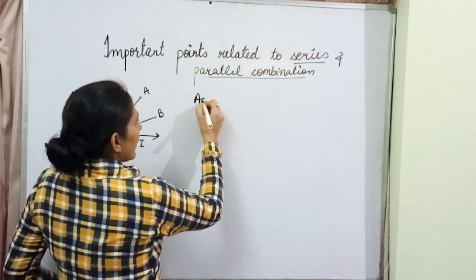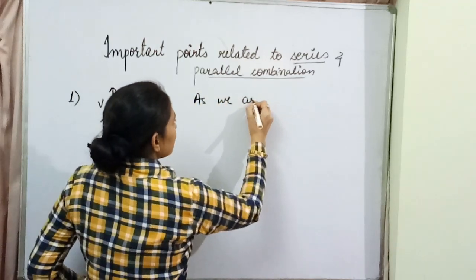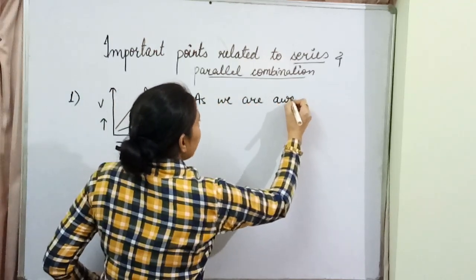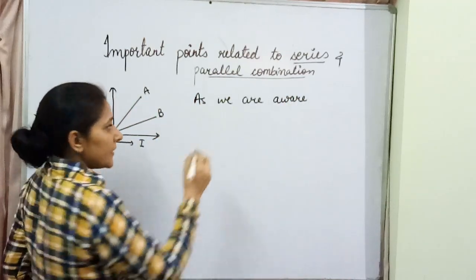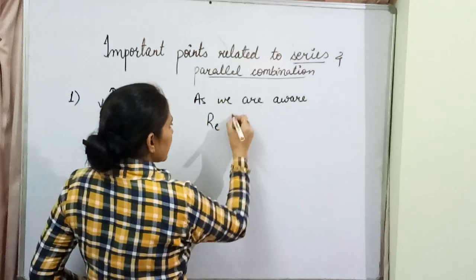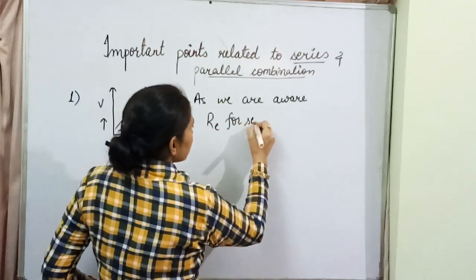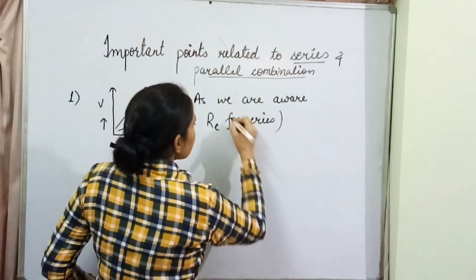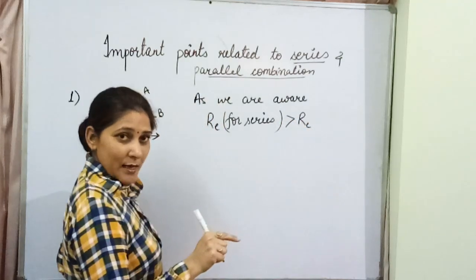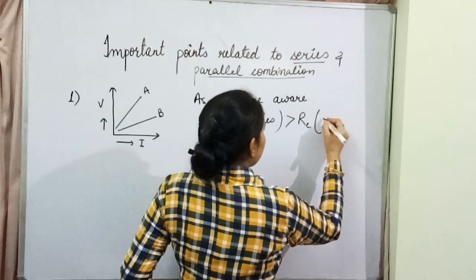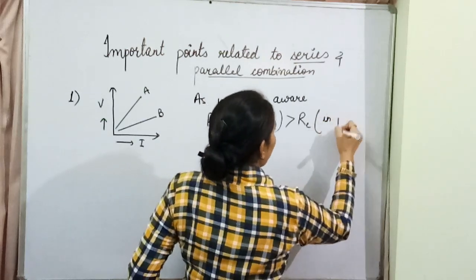As we all are aware, when appliances are connected in series, their equivalent resistance for series is always greater than the equivalent resistance for the same appliances when they are connected in parallel.